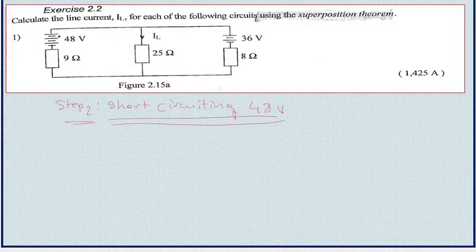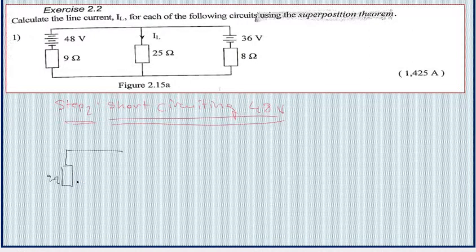So in other words, we are going to put a 0 ohm conductor here, so the circuit will transform to the following. So we have 9 ohm. Here there is not a source of voltage, so we just close.